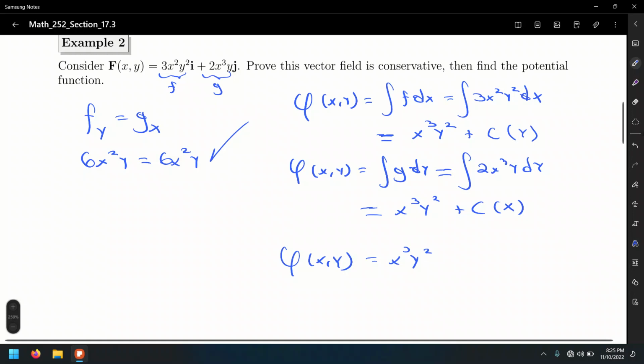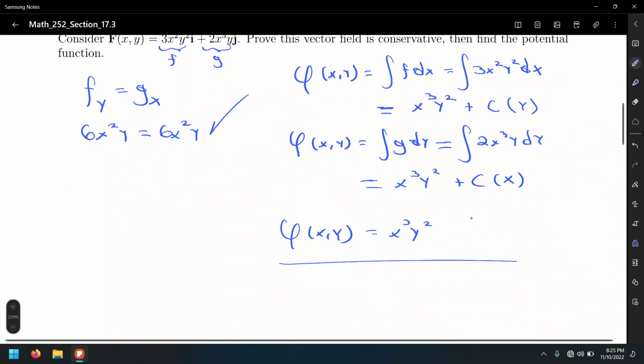And another note, check this out. That's technically the potential function. That's what the textbook does. I kind of disagree with this because since we are integrating partially and not using limits of integration, technically we should get some plus k, right?